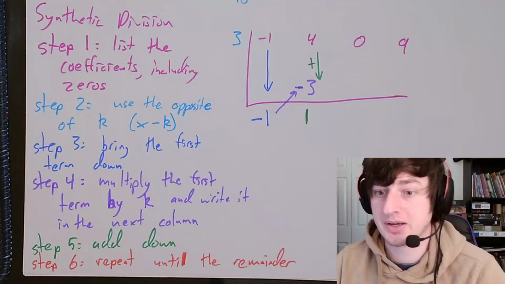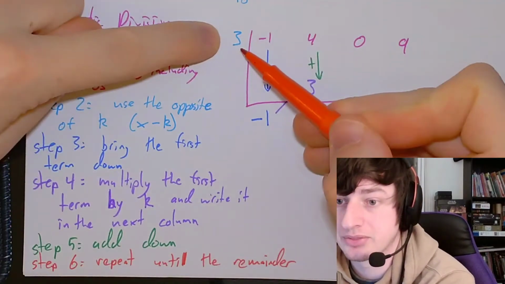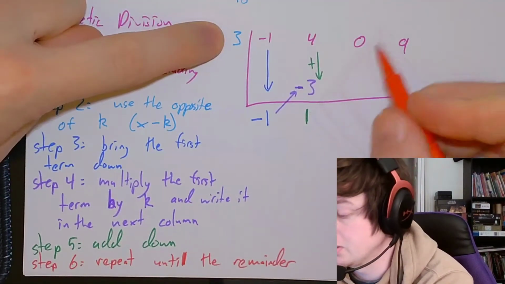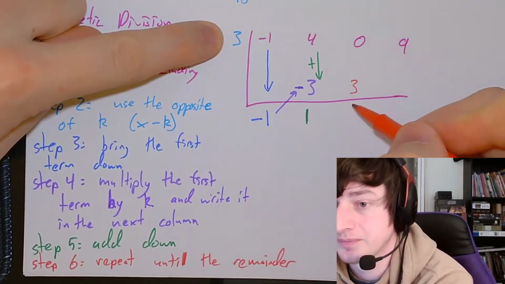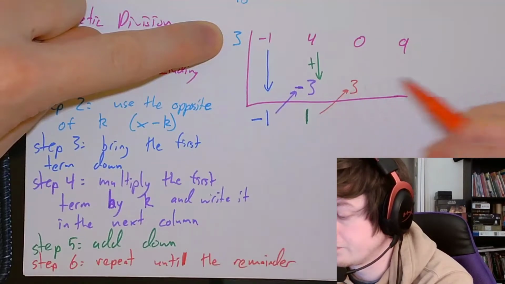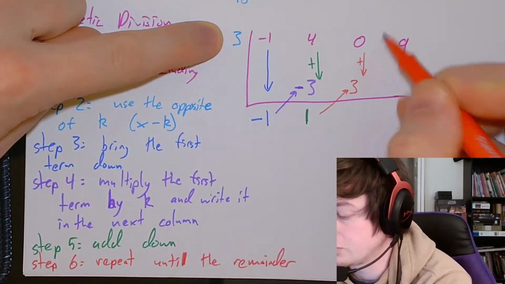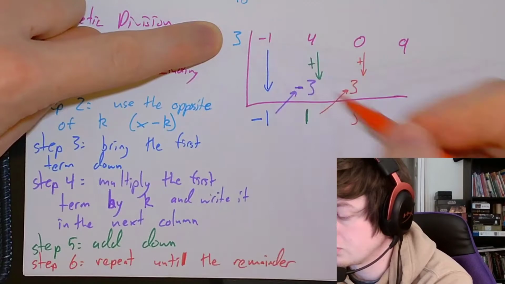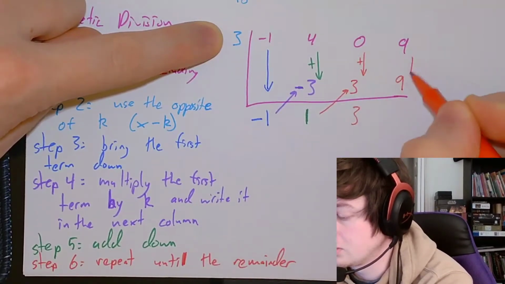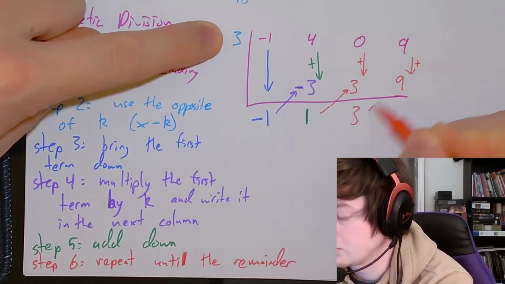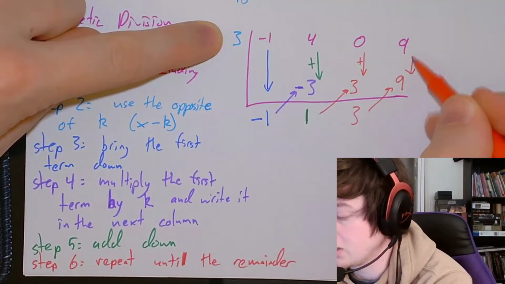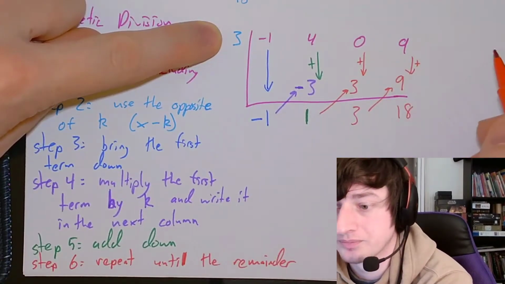And every time we're going to multiply by 3. So 1 times 3 gives us 3, multiplied like this, and then we're going to add down. So 0 plus 3 gives us 3. 3 times 3 gives us 9. We multiplied there, and then we add down and we get 18.